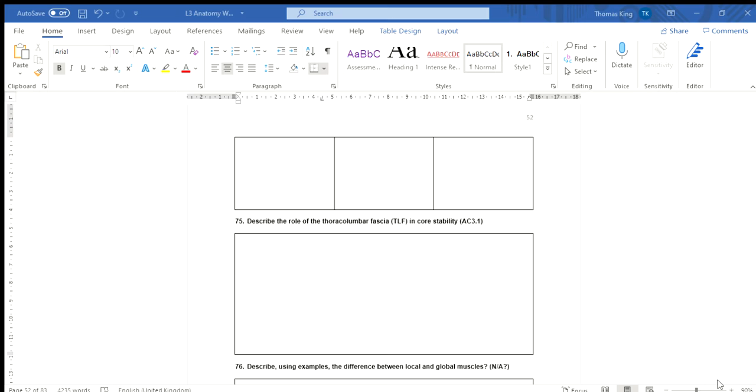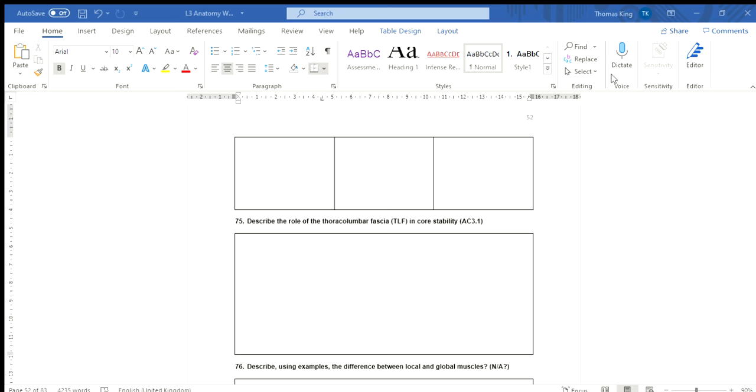I think it's a little bit further down, my apologies. It is in here somewhere. It may well actually be in workbook 1A. It is. So here we go.